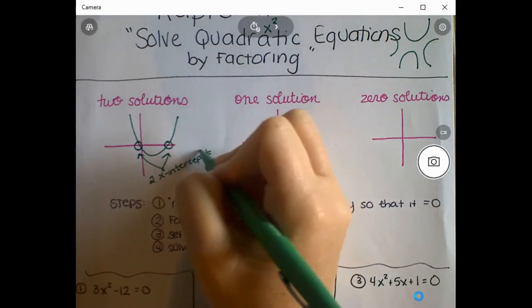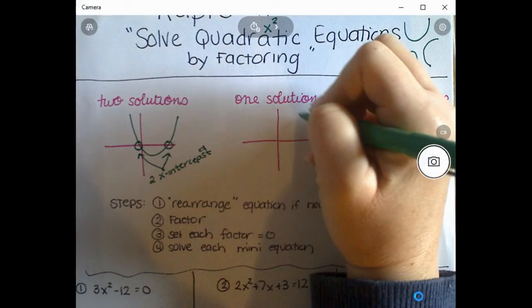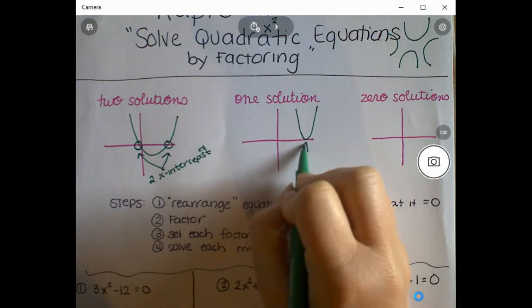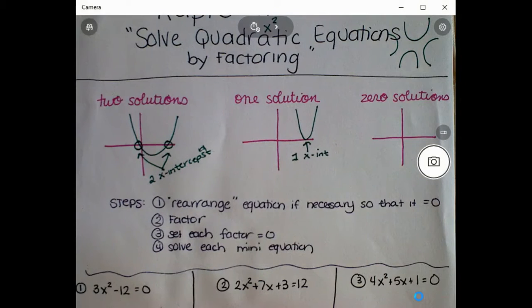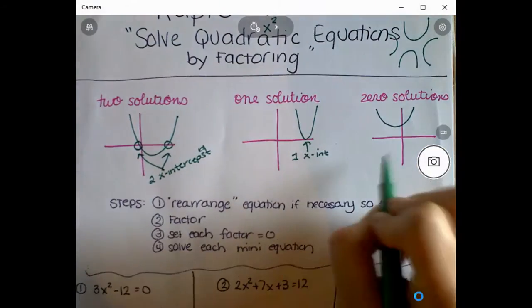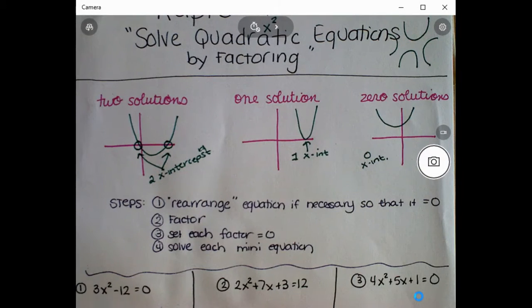One solution means it would just touch the x-axis one time. 1 x-intercept, one solution. And 0 solutions means it would not touch the x-axis at all. So it could be something like that. 0 x-intercepts. So the solutions are the x-intercepts.